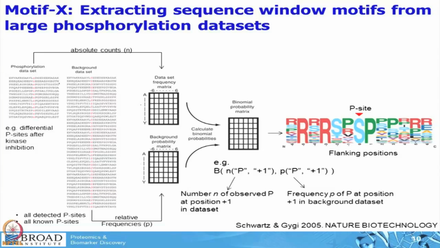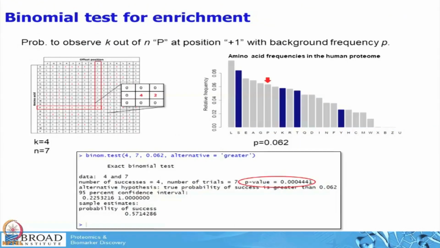From that you can then generate these sequence windows. Here I just put up an example, which is based on the 7 sequence windows that we looked at a couple of slides earlier. If you calculate the probability to observe k out of n, where n in this case was 7, we observed 4 prolines at position +1, and the background probability of a proline in the human proteome is roughly 0.062.